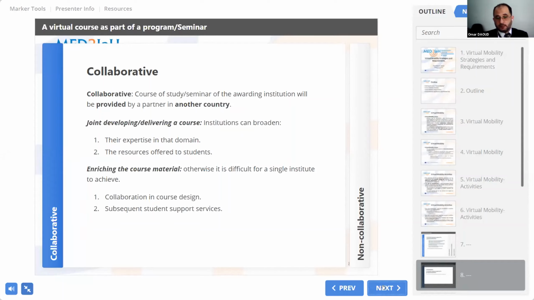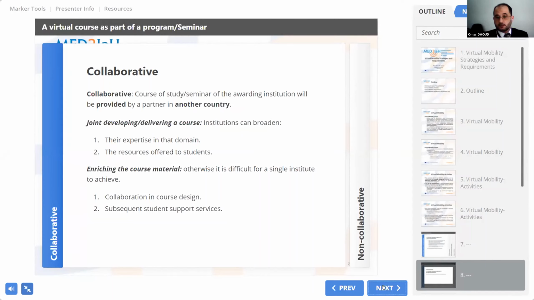For joint developing a course, institutions can broaden their expertise in that domain or the resources offered to the students. For enriching the course material, it's difficult for a single institution to achieve collaboration in course design and subsequent student support services.